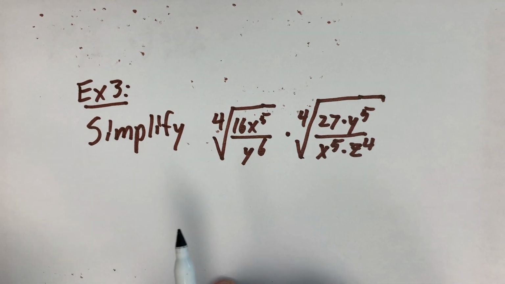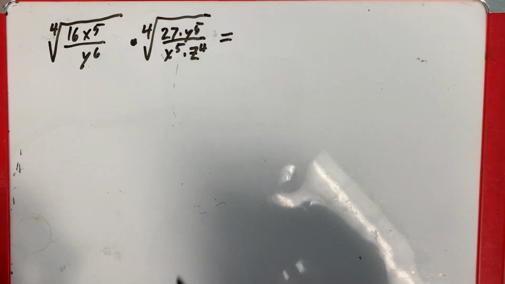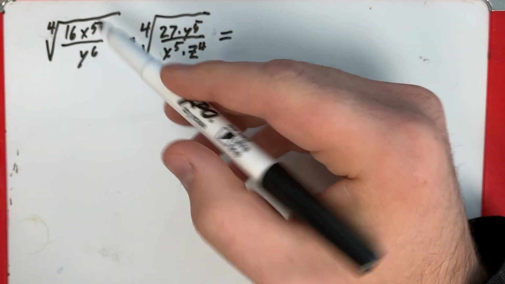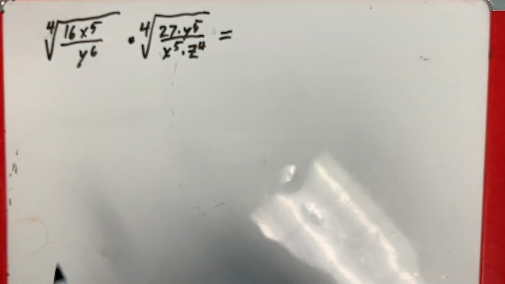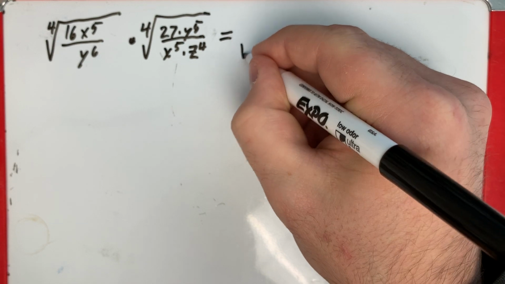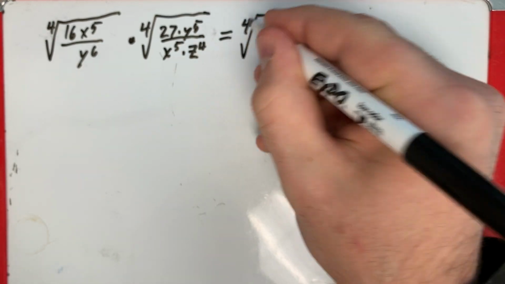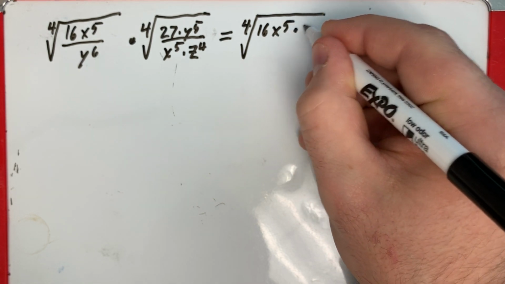So if we just employ the product and quotient rules for radicals, we'll be able to do the following. Notice first we have a fourth root on both of these radicals. Therefore, we can combine them into one radical. So how do we do that? One giant radical, fourth root, so it'd be 16 x to the fifth times 27.